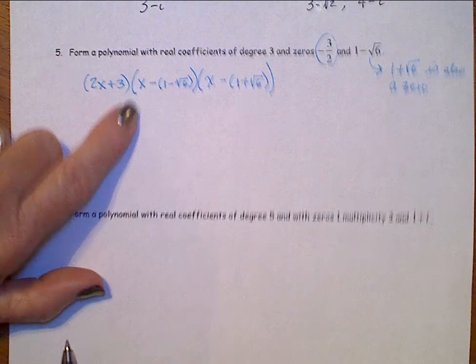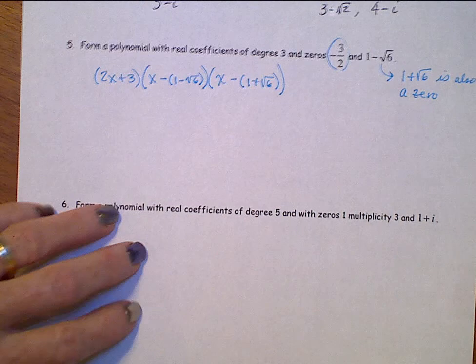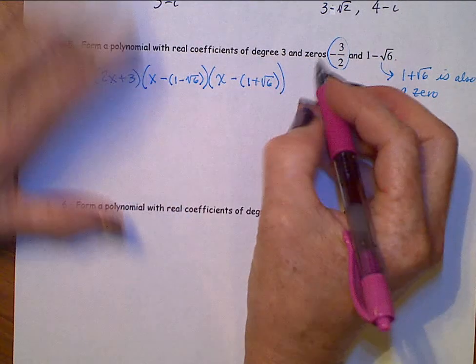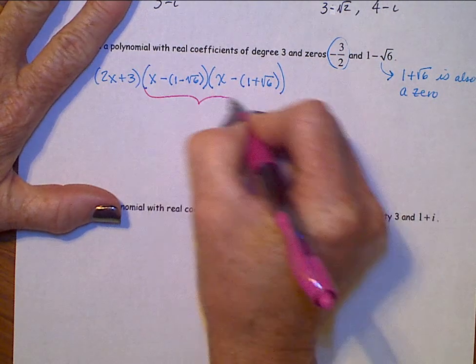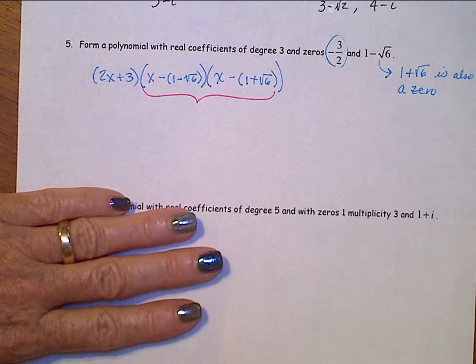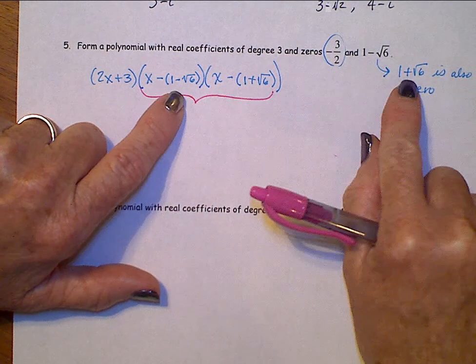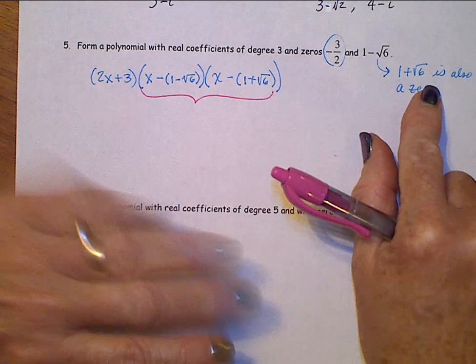But what a mess if I want you to multiply this all out. So instead of writing it this way, why don't we use the sum product idea to get an expression that has the zeros 1 minus the square root of 6 and 1 plus the square root of 6.